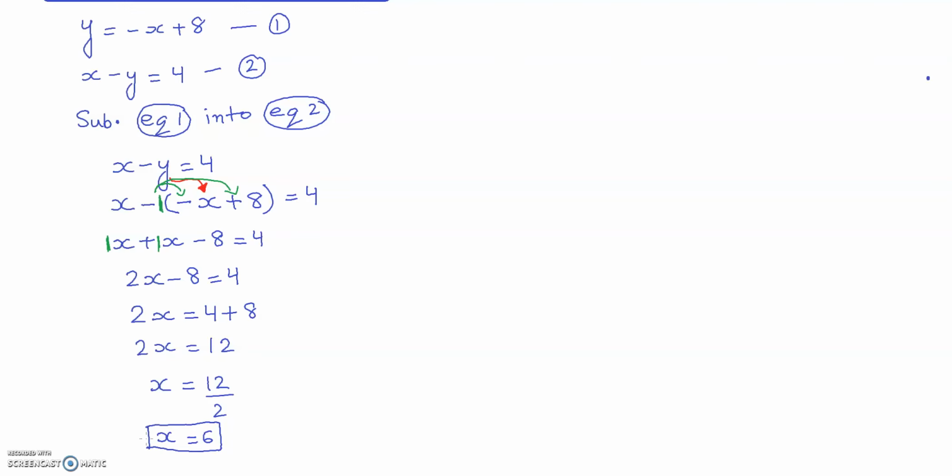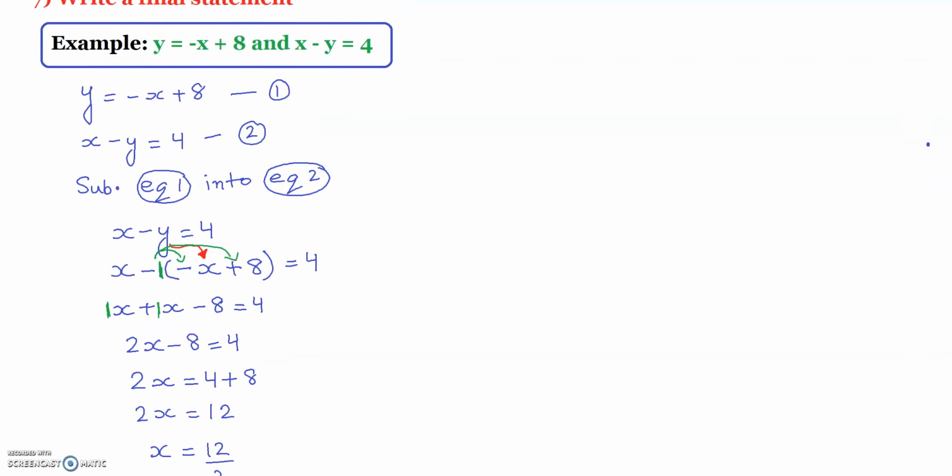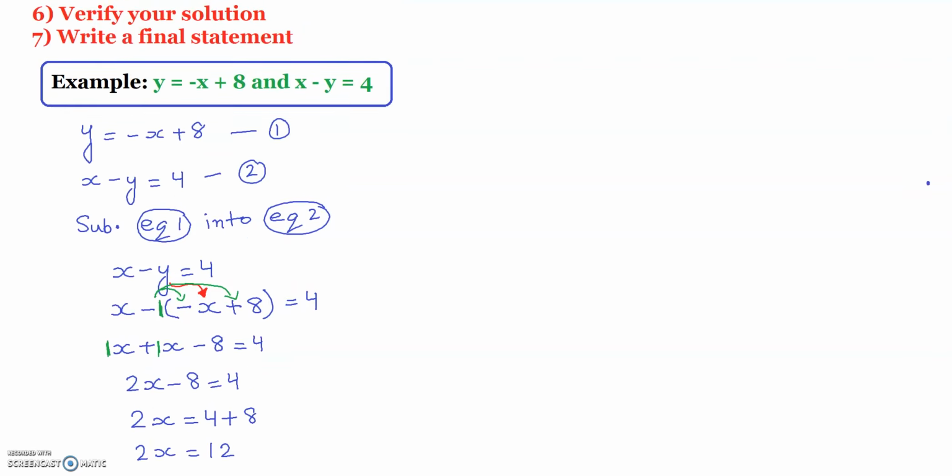Now I will take that value of x and substitute it in one of the equations. I will pick the first equation. So I can write here: substitute x equals 6 in equation number 1.